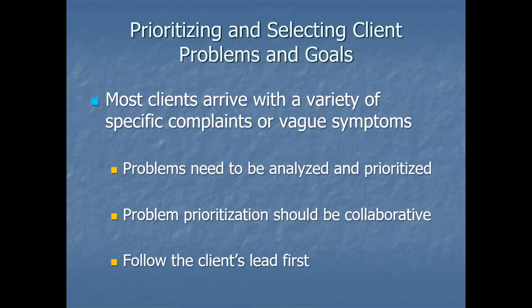But as we prioritize these issues, they should be collaborative, and we need to follow the client's lead. So if the client comes to us and says that they're fighting a lot with their wife, they're fighting a lot with their boss, and they're in jeopardy of losing their home, something we might want to work on first would be the threat of them losing their home, because if they have instability in their housing, that's going to probably further impact their job and or their relationship with their spouse.